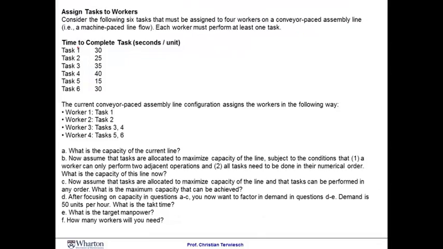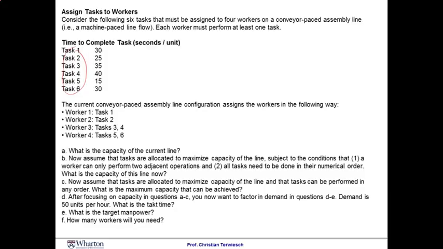All right, the last question is a line balancing question. You see that there are 6 tasks given to you and a current assignment of tasks to workers. Your job is to balance the line. In the second part of the question, you are supposed to compute the takt time and the target manpower calculation.